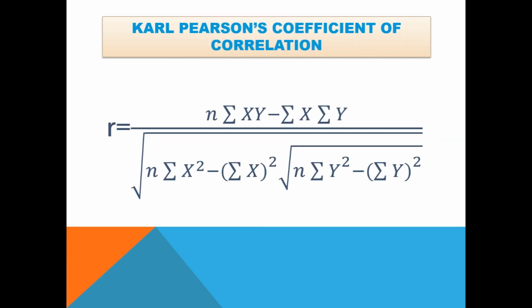Assuming x and y have linear relationship, the mathematical formula for r is given by r is equal to n times summation xy minus summation x summation y divided by square root of n into summation x square minus summation x the whole square into square root of n into summation y square minus summation y the whole square.